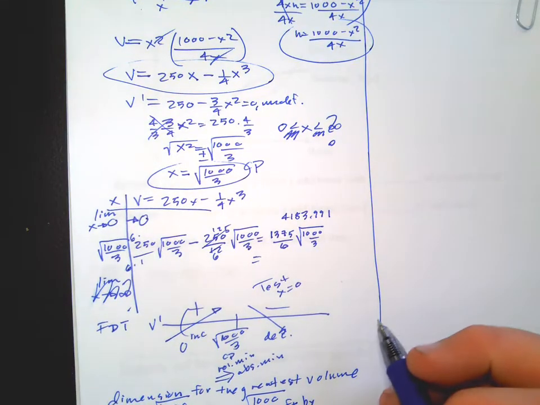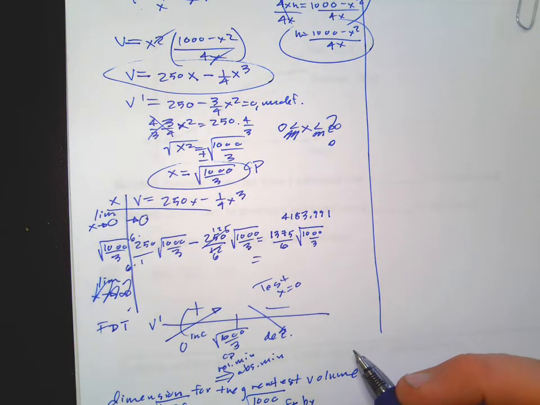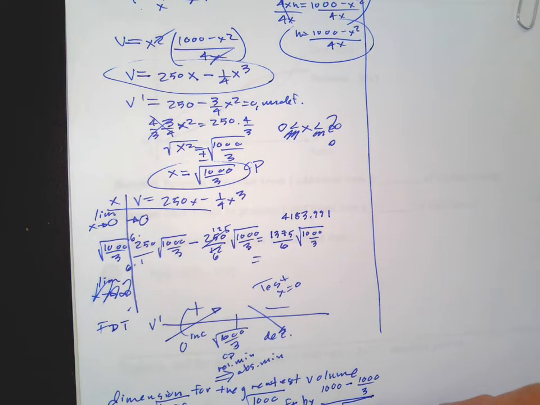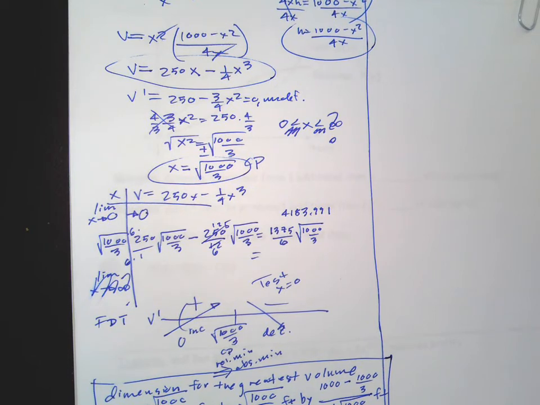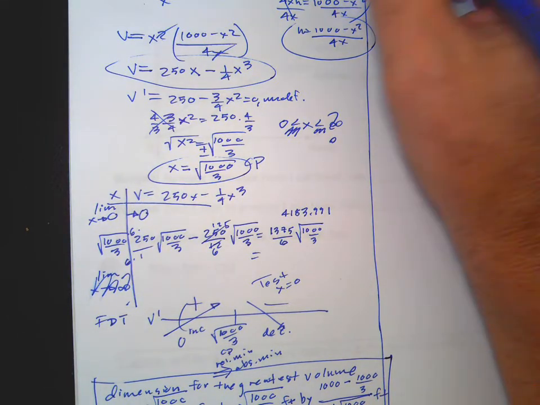So that would be (1,000 minus 1,000 thirds) over 4 times the square root of 1,000 thirds feet. It's kind of ugly, but something like that. You can clean it up a little bit. But, all right, that was tough.